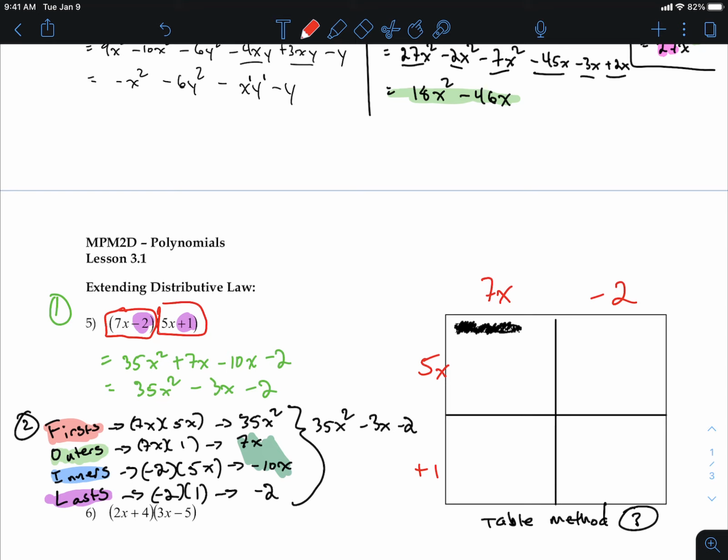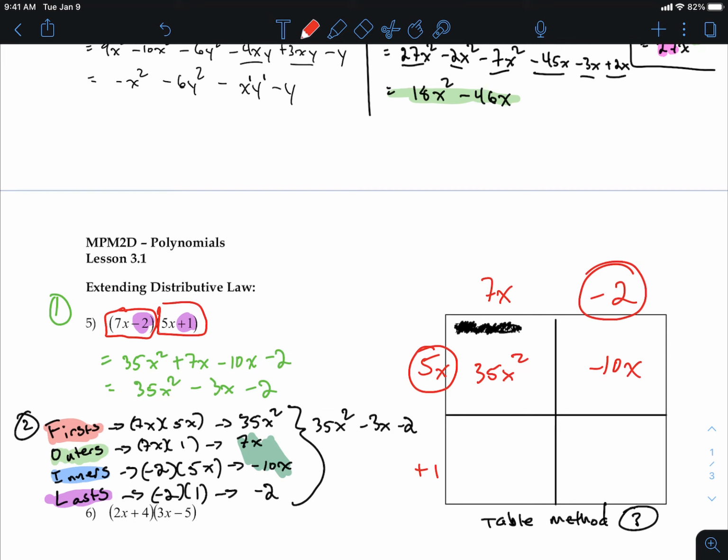Now you're just going to fill in the middle of the box by multiplying. Anytime you get a number on the inside, you have to multiply the two pieces that intersect there. For the first one, 7x times 5x is 35x squared. 5x and negative 2 multiply to negative 10x.